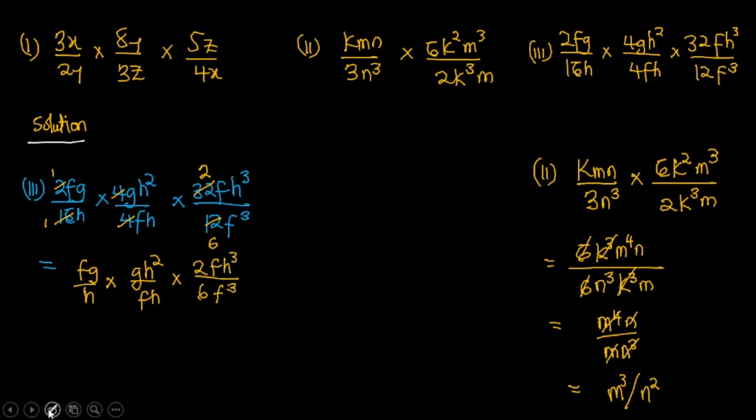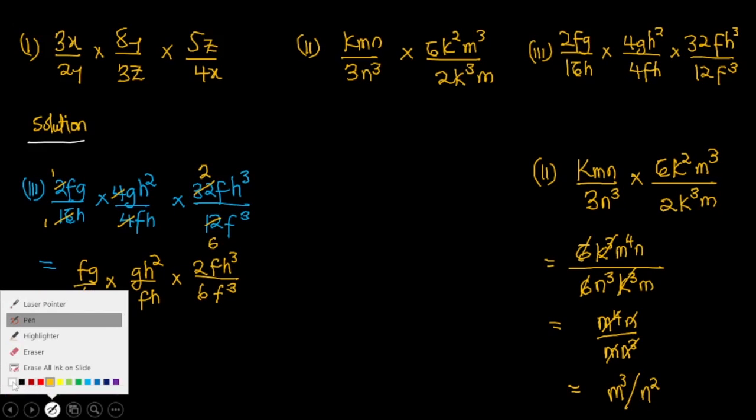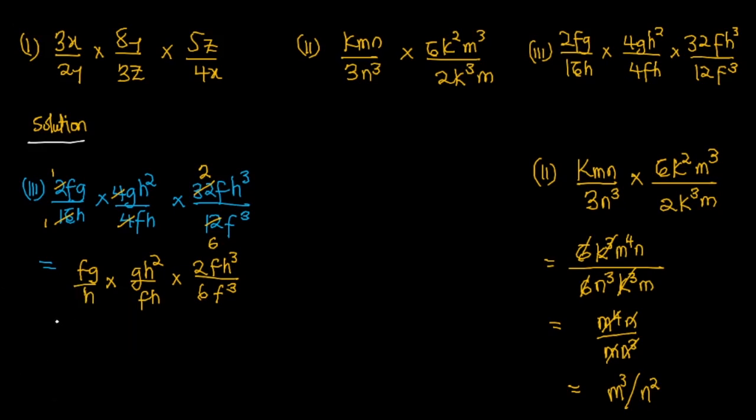Alright, so from here we can go on ahead and start cancelling some things again. So this h here can cancel one of the h over here, so we are left with just one h. The f here can cancel the f here.